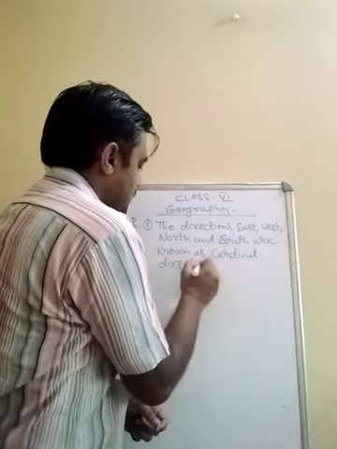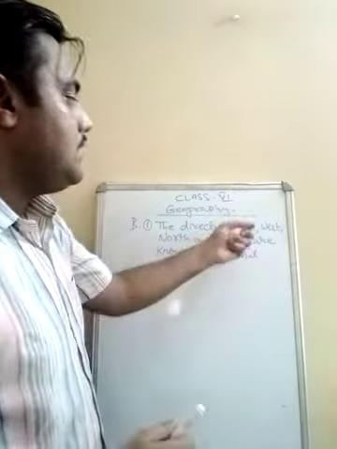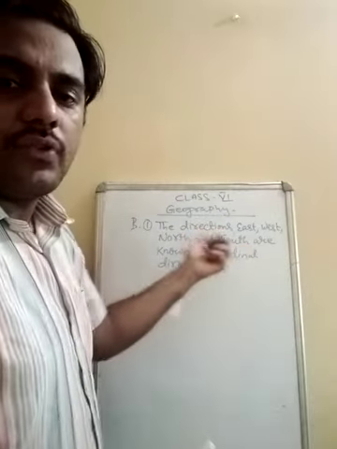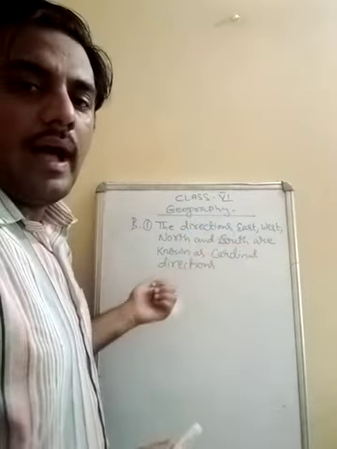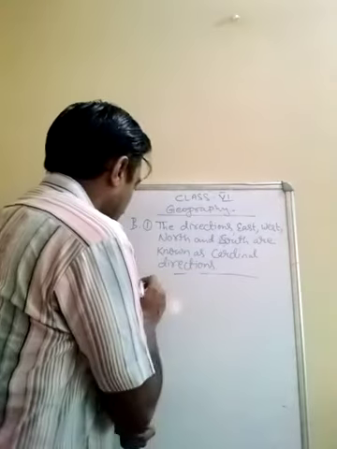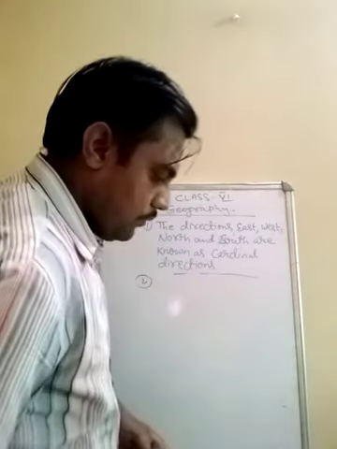Okay, so let me read the answer to you once again. The directions east, west, north and south are known as cardinal directions. That's your answer number 1. Let's move on to number 2.